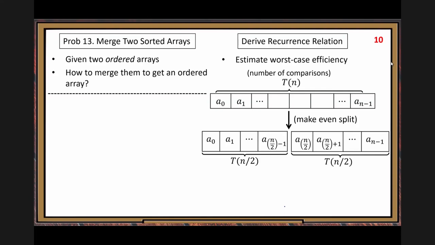After we conquer individual subproblems, we need to combine, we need to merge. There is merge cost, right? Total number of elements minus 1 for the worst case. That's the merge cost. Let's use approximate number n. That minus 1, we use good approximation n.